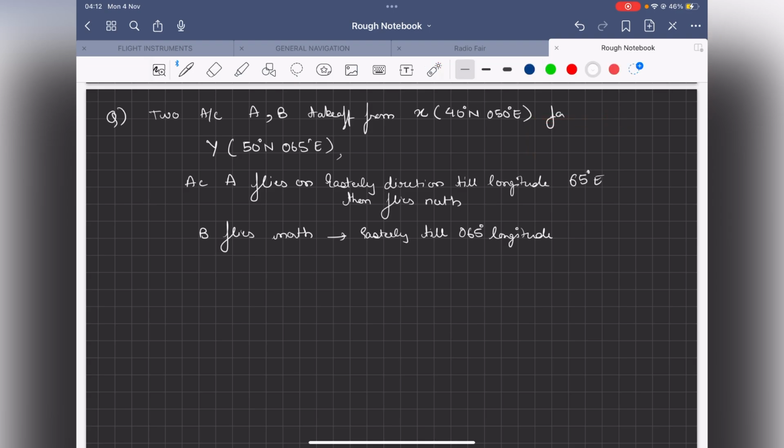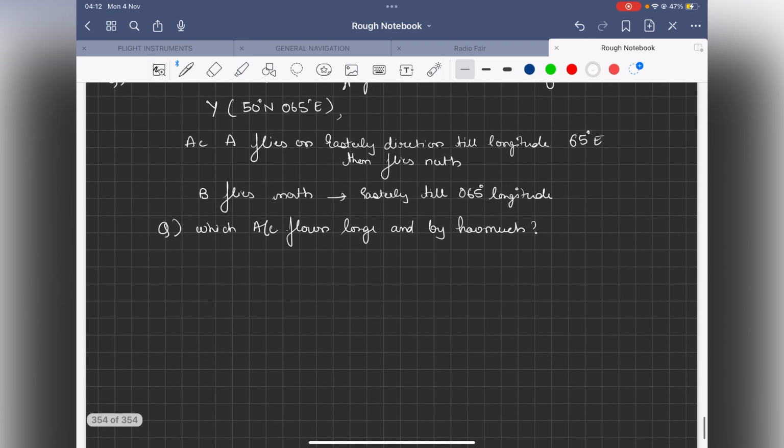So the question is, which aircraft has flown longer, and by how much distance?